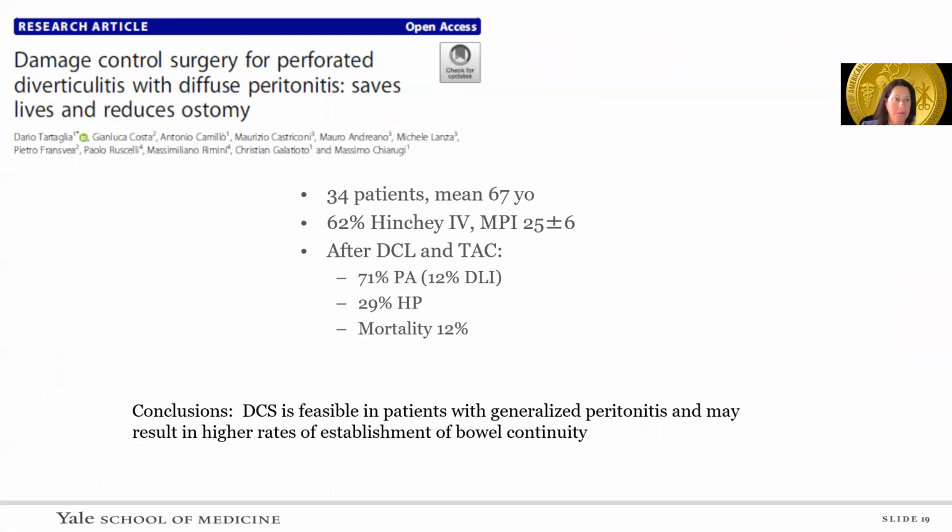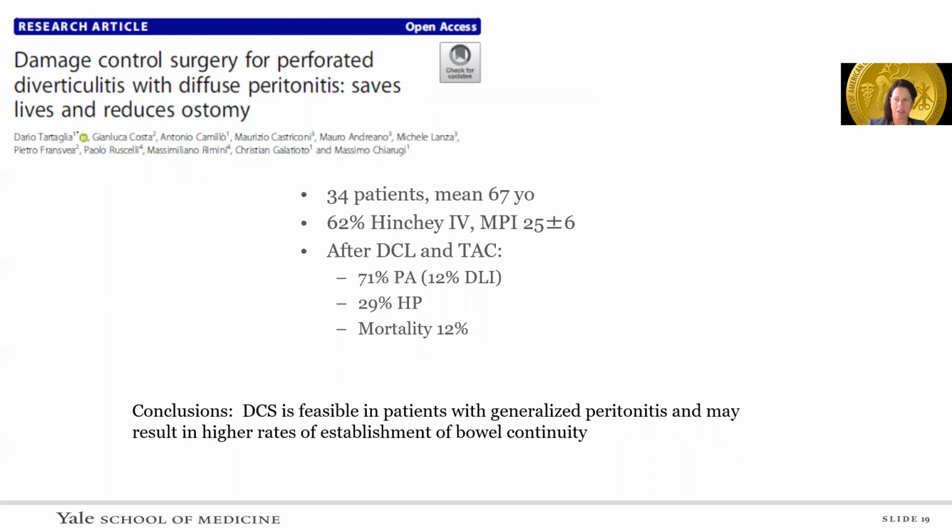However, in preparing for this talk, I identified this paper that was published recently, 34 patients, 62% of whom had Hinchey 4 diverticulitis with a mean Mannheim peritonitis index of 25. They did 2 separate procedures. All patients underwent damage control laparotomy and temporary abdominal closure.